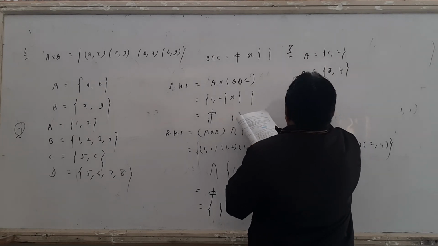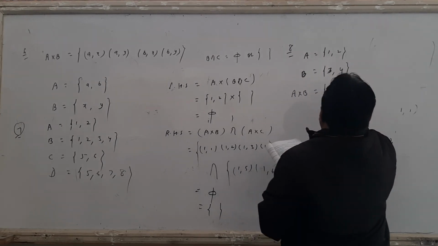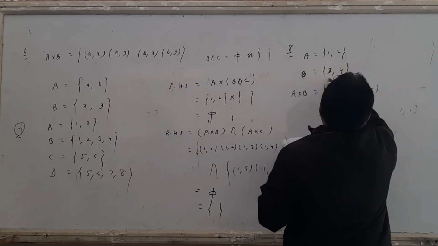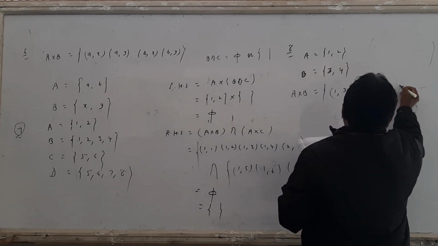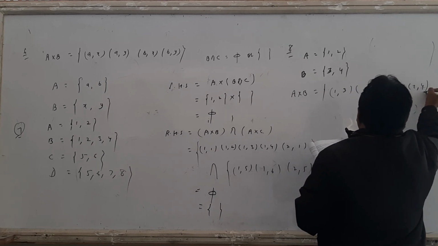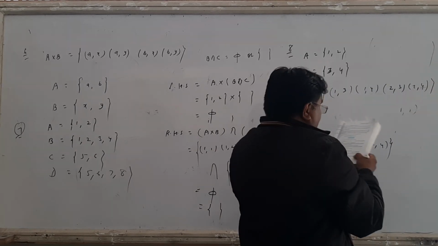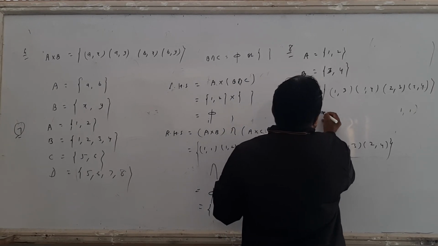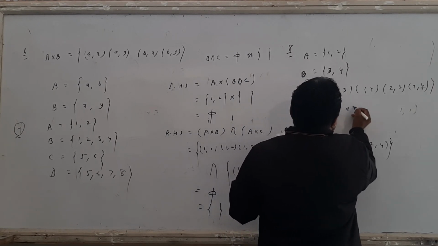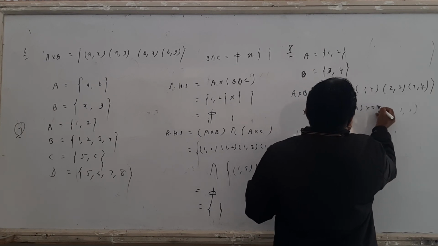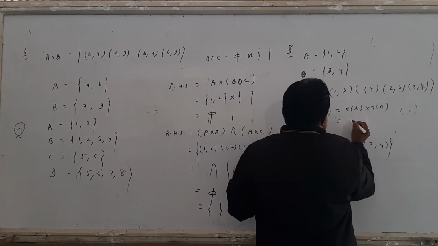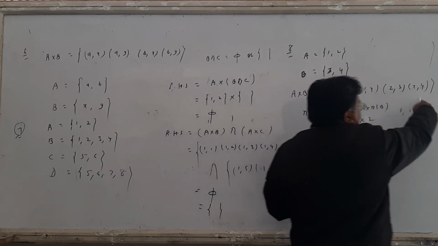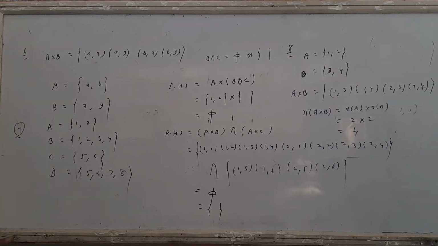Find A cross B, and how many subsets will it have? A cross B is: (1, 3), (1, 4), (2, 3) and (2, 4). That means there are 4 elements. So how many subsets will A cross B have? The number of elements of A cross B equals the number of elements of A times the number of elements of B. The number of elements of A is 2 and of B is also 2, so that is 4.